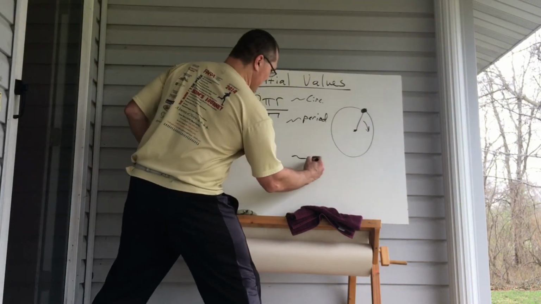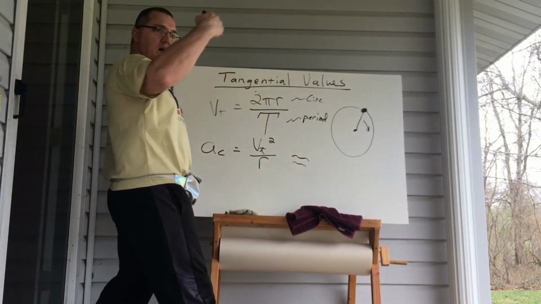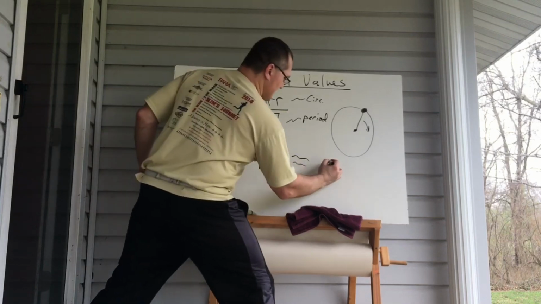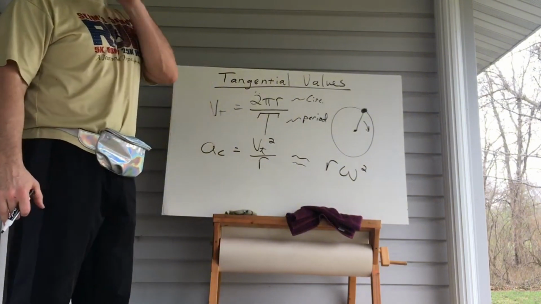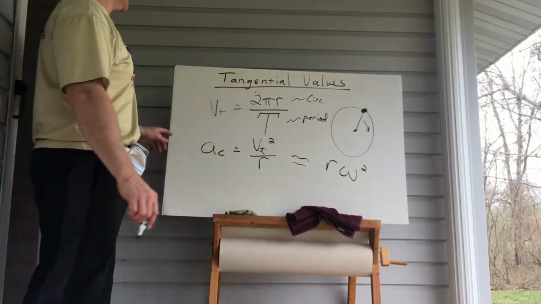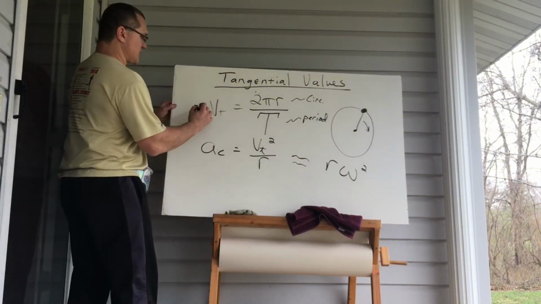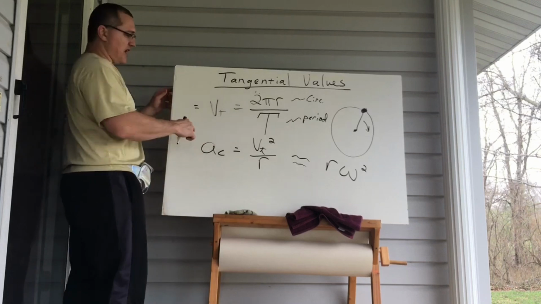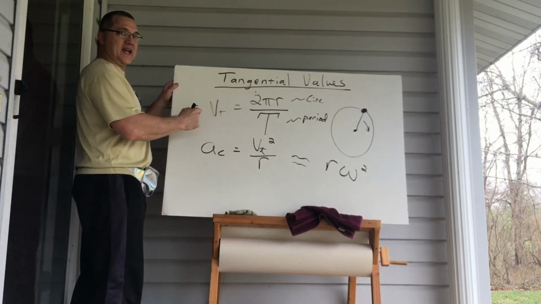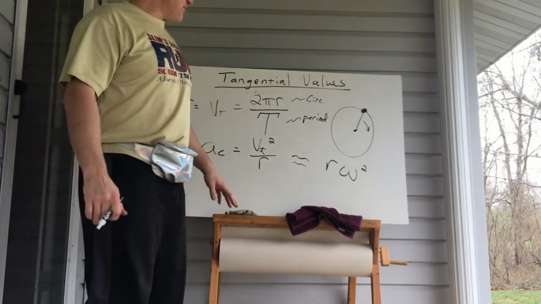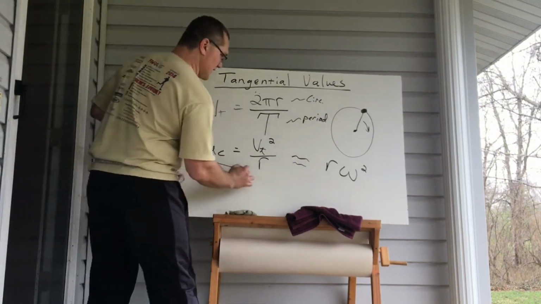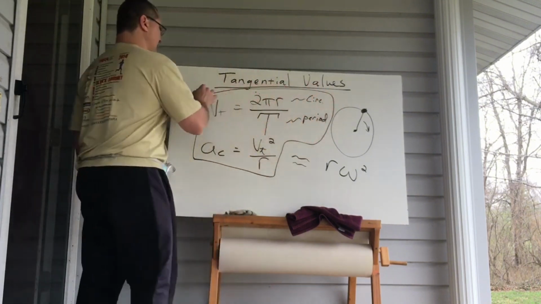If we were to convert this into rotational equations, that is r omega squared. But we're not going to worry too much about that rotational stuff. We're going to worry about tangential stuff. Your relation for the tangential velocity is omega times radius. But we're going to mainly focus on this stuff right here.